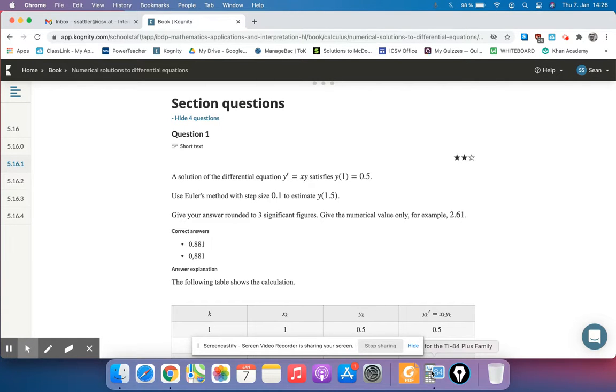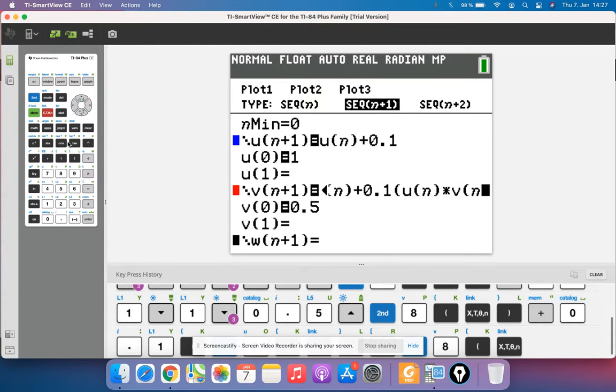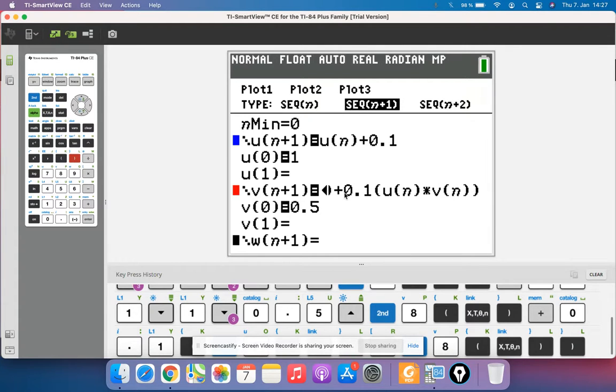So x is u of n, so we have to do times u of n. And then we're doing x times y, so we have to do times v of n. V of n, and then close the parentheses. And that's it. We have everything entered.